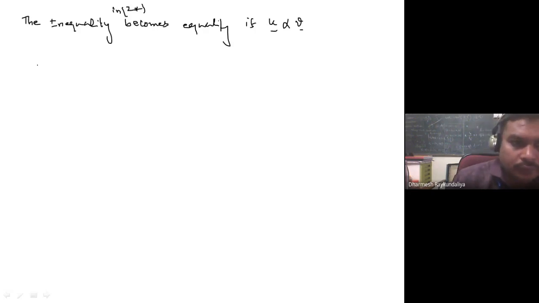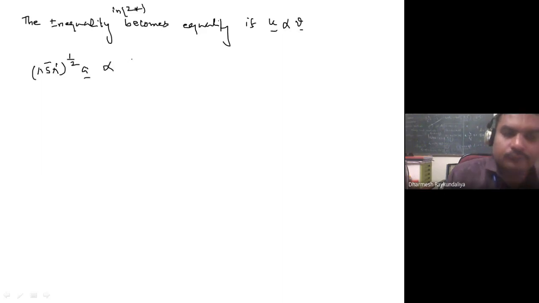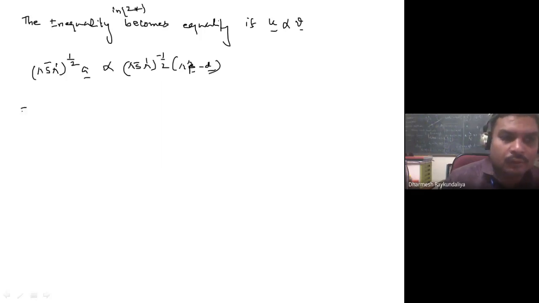So what is u? U you have taken is lambda s bar lambda dash raised to half a, proportional to, what is v? V is equal to lambda s bar lambda dash raised to minus half lambda beta cap minus d. So which implies if you pre-multiply both the sides by lambda s bar lambda dash raised to half, what you will get?